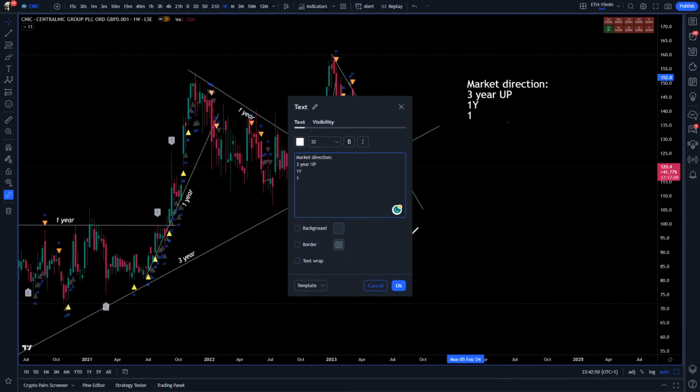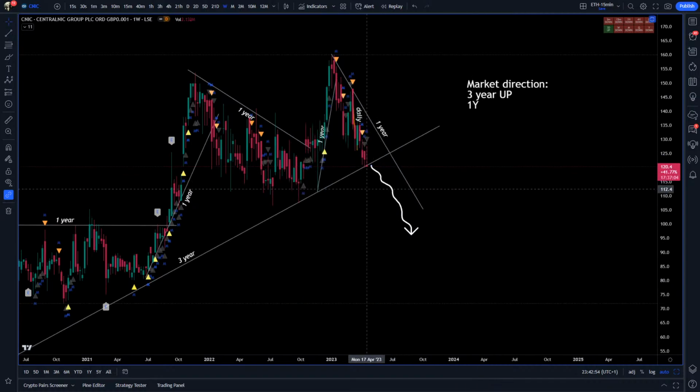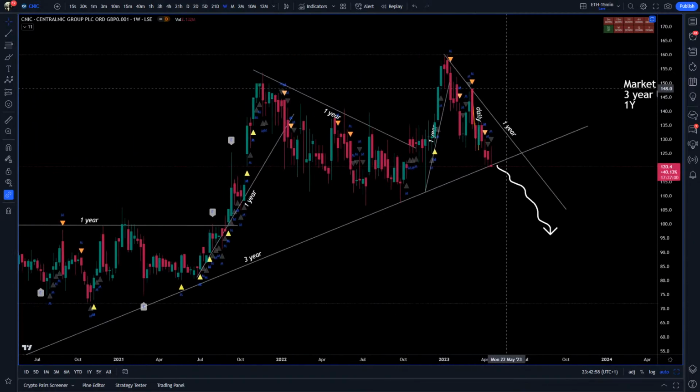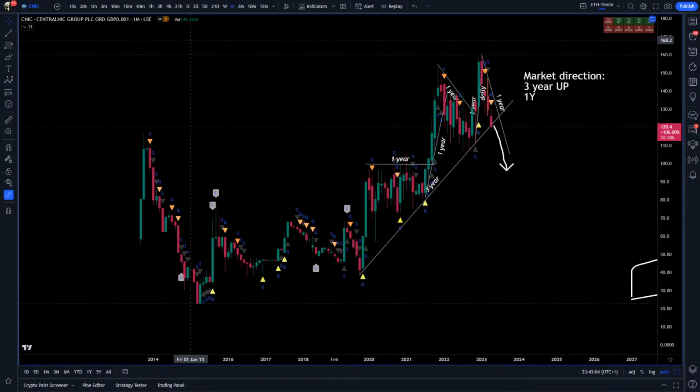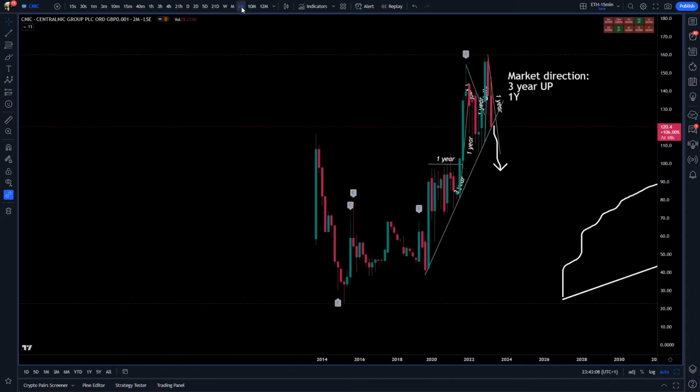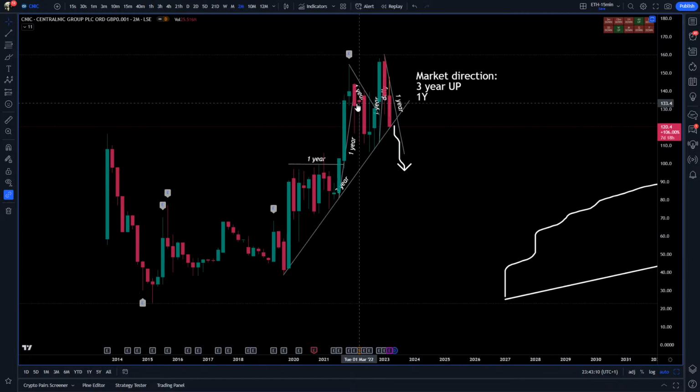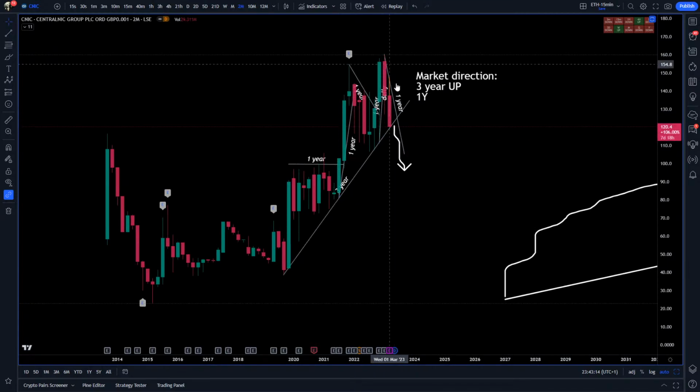For the 1 year, let's see. The 1 year is going down. The indicator can't tell you that the 1 year is going down because there is not enough data. Usually if we look at the 2-month or the 3-month chart, then we can see a signal for the yearly going down.